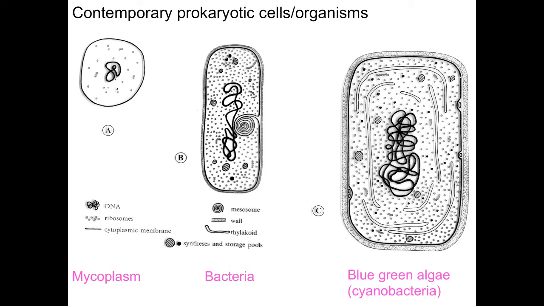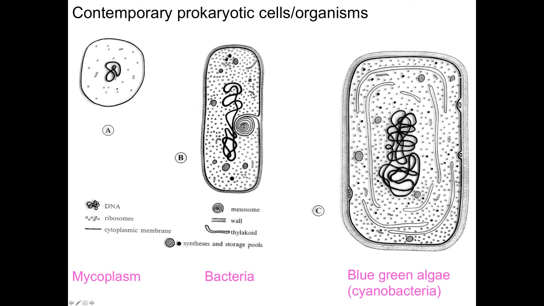As you know, prokaryotic organisms are very simple. DNA is not bounded by any nuclear membrane. There are ribosomes in these simple mycoplasms. Bacteria are a little more complex, but they still don't have the DNA enclosed in a nuclear envelope. But you may see infoldings in various places of the plasma membrane.